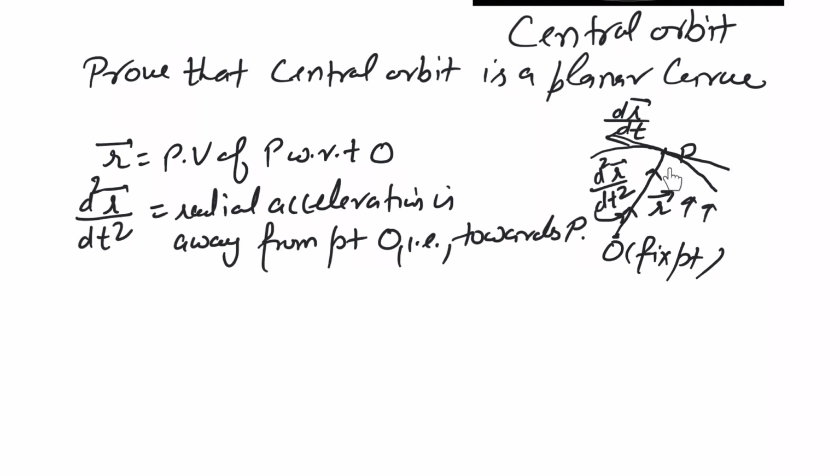Therefore, we can say that both the radius vector and the acceleration are in the same direction.